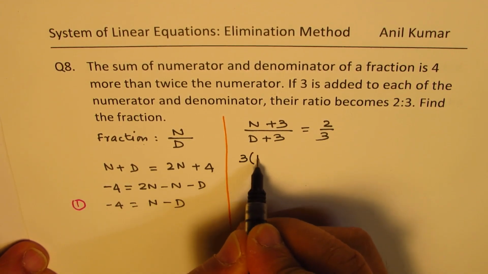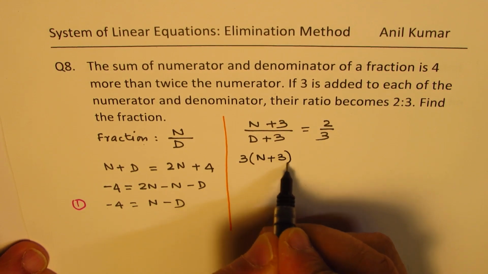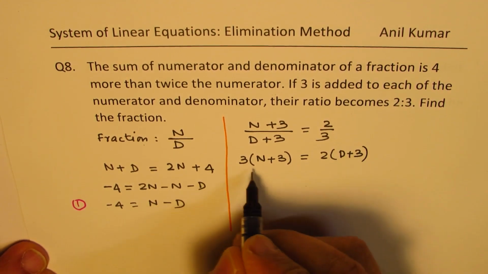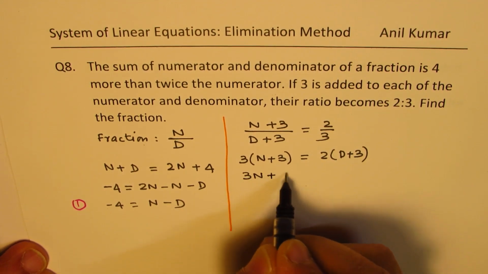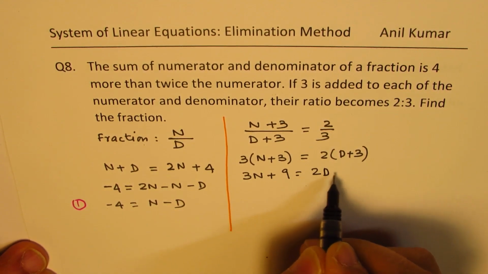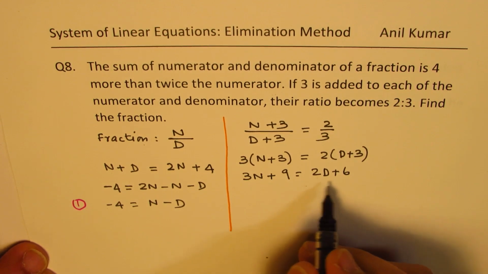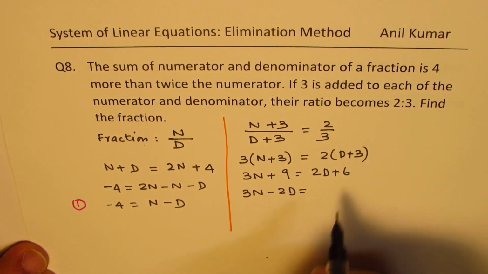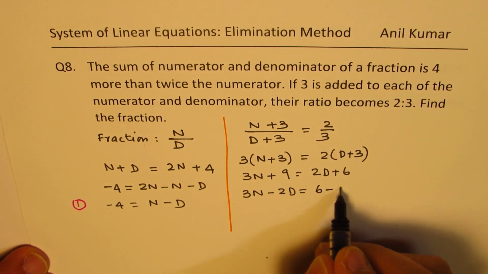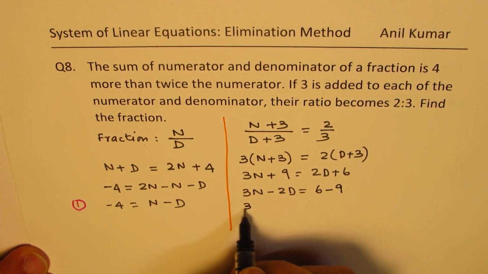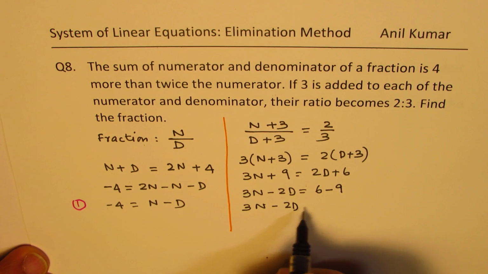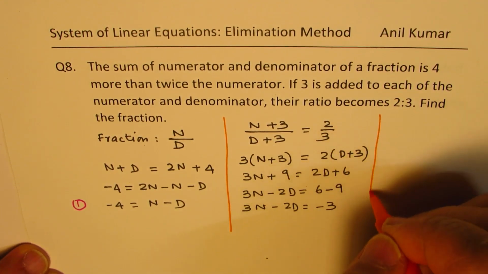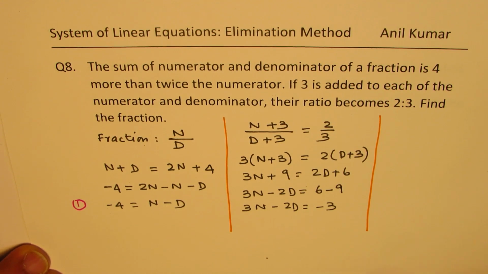So 3 times numerator plus 3 equals 2 times denominator plus 3. 3n plus 9 equals 2d plus 6. Again, let's bring them together. We get 3n minus 2d equals 6 minus 9. So we have 3n minus 2d equals minus 3. So that becomes our second equation.